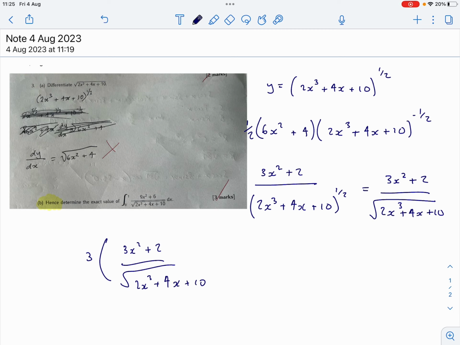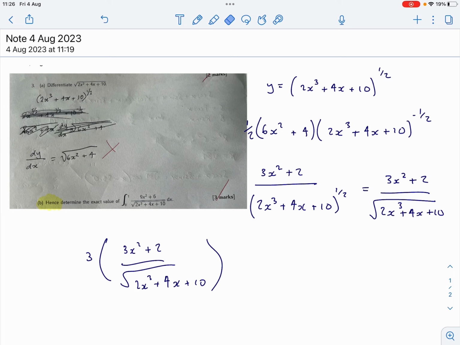So when we compute the integral from this, I'm going to get 3 lots of this, because if we integrate something, that reverses the process of differentiating. So simply put, I'm just going to cheat.